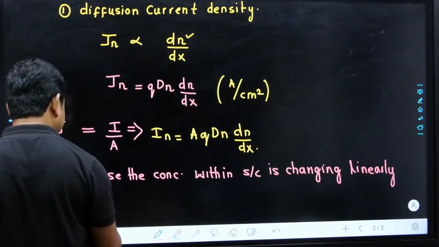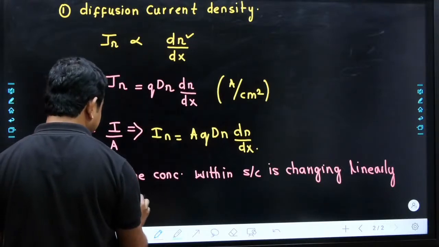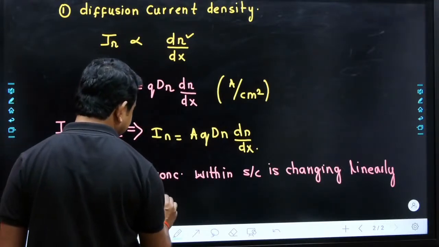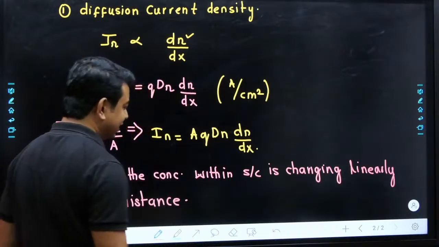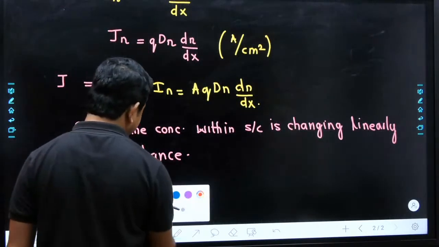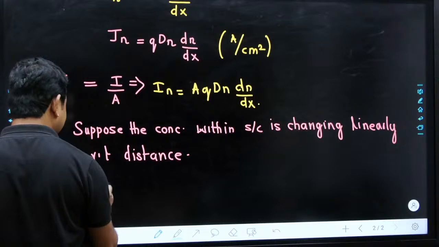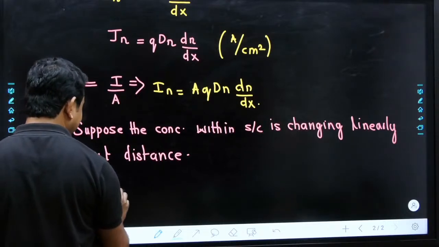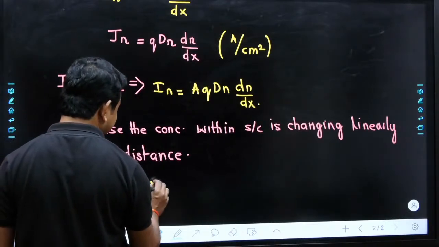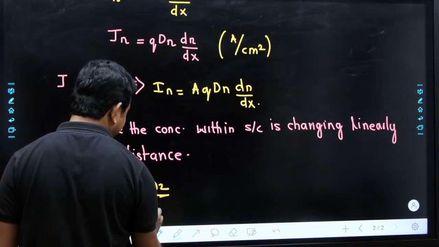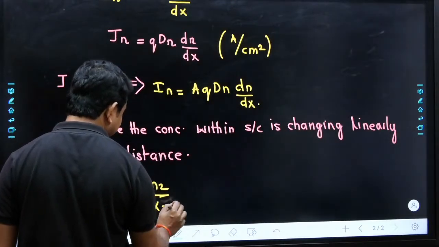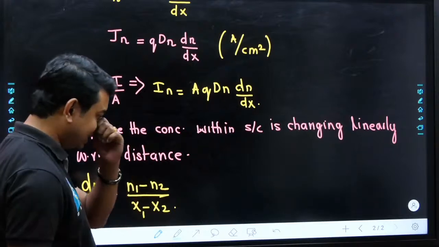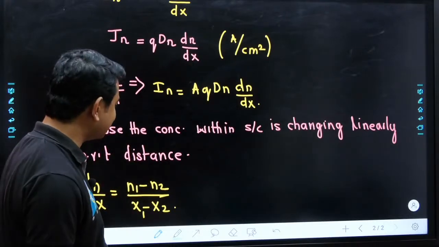Then if it is changing linearly, we can write this dn by dx as n1 minus n2 divided by x1 minus x2. This is the linear change, and if it is changing linearly, we can write in this order.